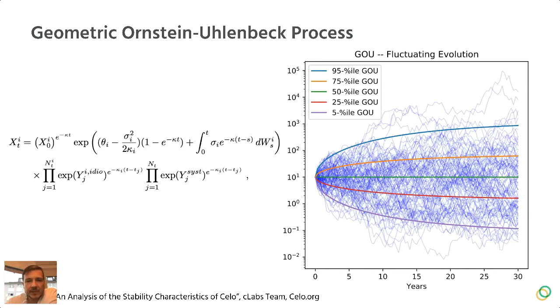However, this process additionally has a volatility parameter, and you can see the volatility parameter in the formula here, again the sigma, and a drift parameter. This process also has a mean reversion speed, and you can set the mean reversion speed.